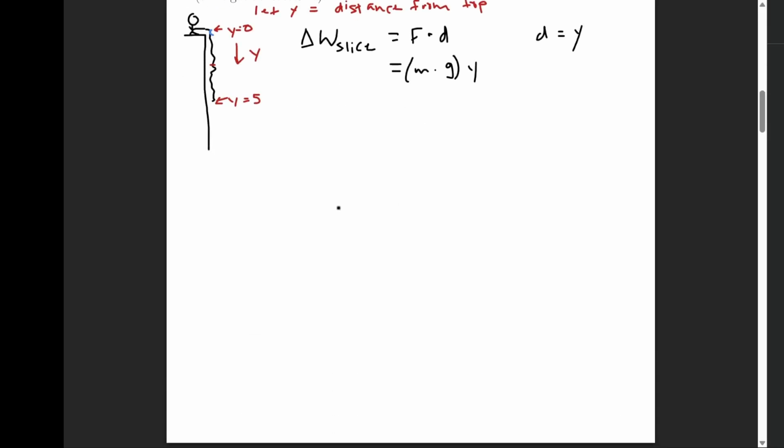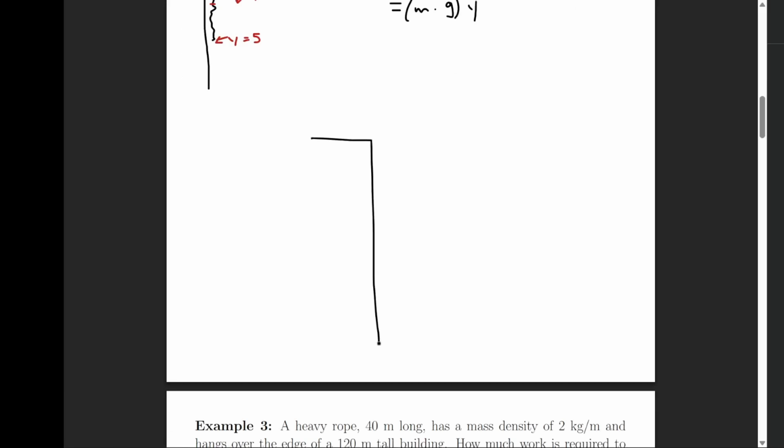Hope that makes sense. Okay, so to explain the delta y in a drawing, let me see if this helps. I'm going to make him bigger. So this is our little guy, skinny quarantine. Okay, so we're going to put the chain in black. His hand's going to be holding it right at the edge. Okay, so this is the chain, right? Say we're looking at this exact slice right here, okay? Our y1 is going to begin right before it, and it's going to be all this. This is going to be y1, okay? And then y2 is going to start right after the slice, okay?